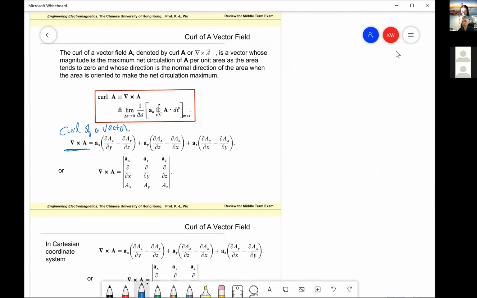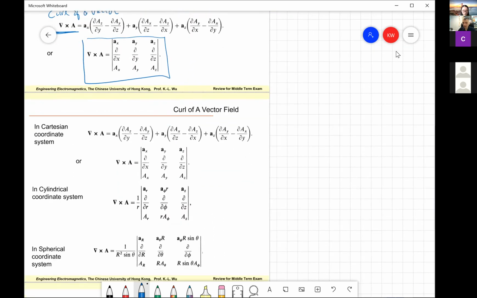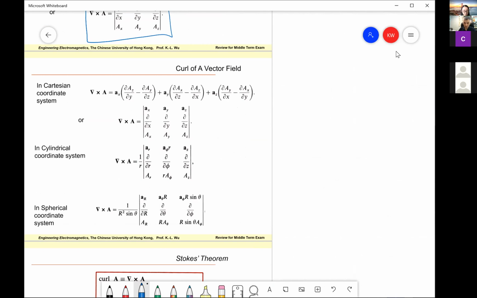This is the definition, the first principle. In the Cartesian coordinate system it is very straightforward to calculate the curl, and you can also calculate the curl in other coordinate systems.